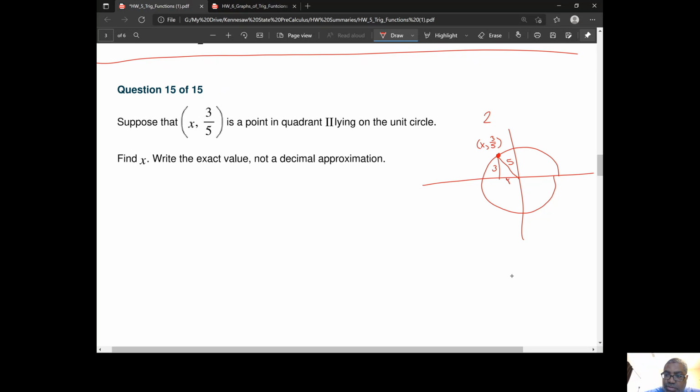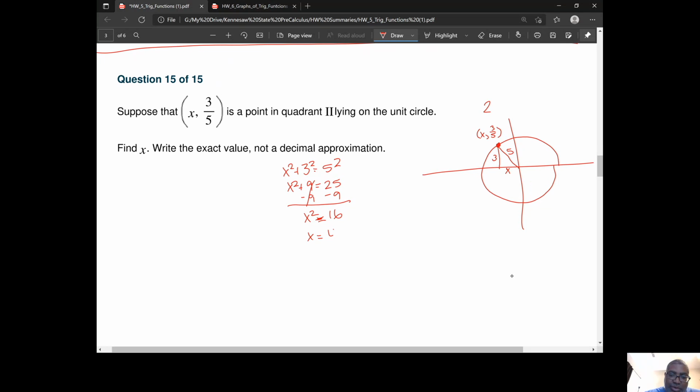So we know that x squared plus 3 squared is equal to 5 squared. x squared plus 9 is equal to 25. Minus 9, x squared is equal to 16. So that means that x is equal to 4, but we're in quadrant 2, so x is negative 4.